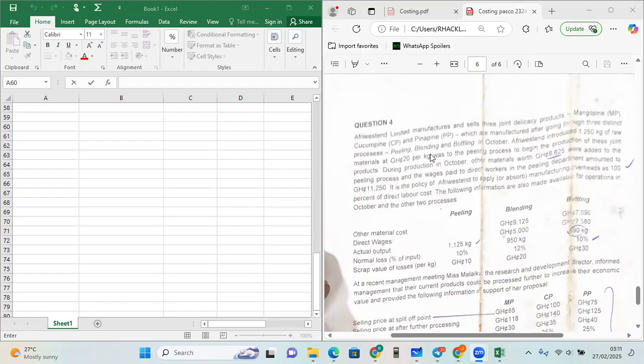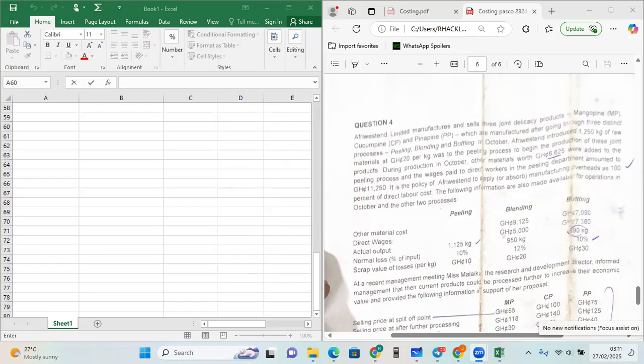Afri-Western Limited manufactures and sells three joint products: mango pine (MP), porcupine (CP), and pineapple pine (PP). They are manufactured after going through three distinct processes: peeling, blending, and bottling.